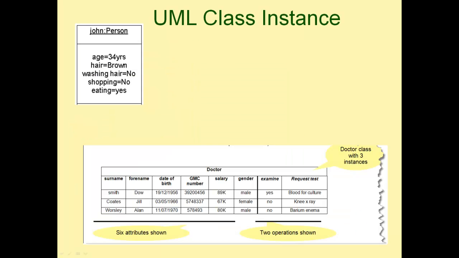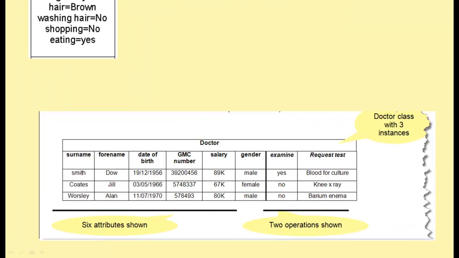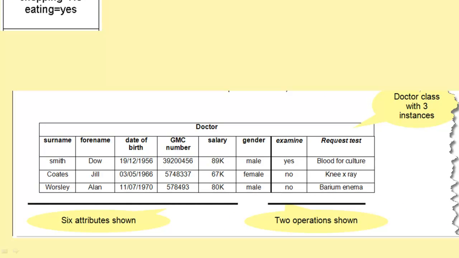So let's have a look at some examples now of an instance. Here we have an instance of a person called John, where the attribute age equals 34 years, the hair has a particular value called brown, and we go on like that. It might help you to think about this in terms of a table, and I put a table at the bottom of this screen which is not part of UML, but might help you understand it.